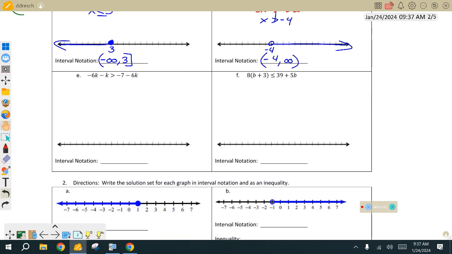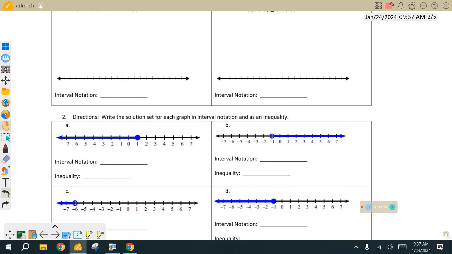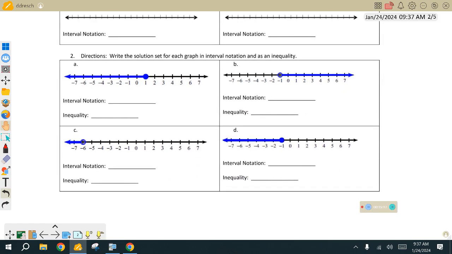All right, so let's do number 2 down here. Let's jump around and reverse it. Let's do 2A. Given the graph, put it into the other 2 forms. The idea is no matter what form we give you as the actual inequality to solve, write me the graph, write me the interval notation.